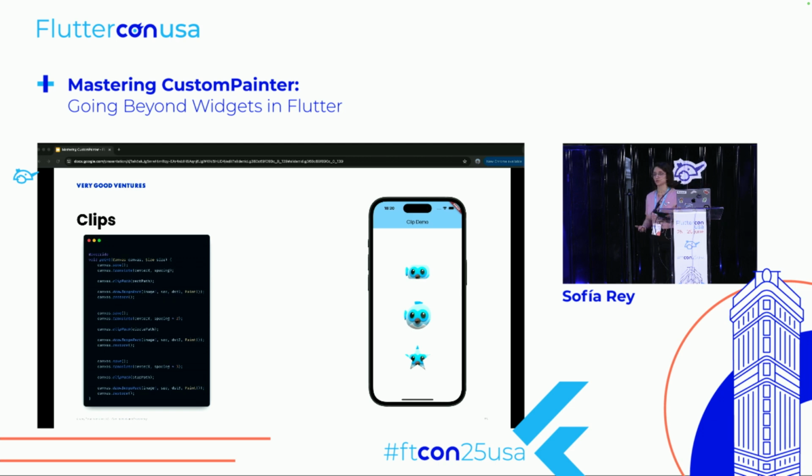Then we also have clips that work similarly to transformations. You can clip regions of your drawing, and it applies to the canvas and not to what we draw. So we first apply the clip region, create our path, and using that path, we'll clip the content that's drawn later.